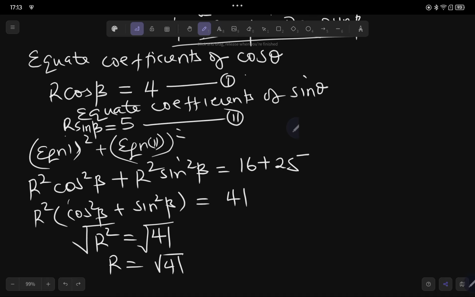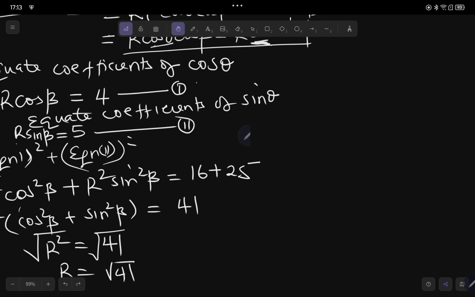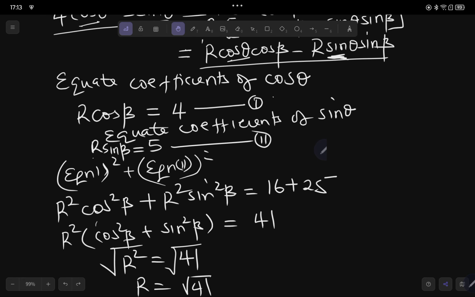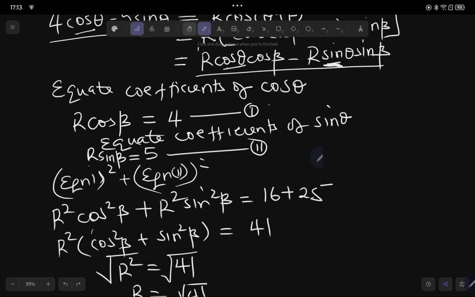Remember, the root of a number is a plus or a minus, but strictly for this kind of expression, we are taking r to be a positive constant. Now we have got that one. Let's try to find the value of beta. For beta, you have equations 1 and 2. We can easily get tan by dividing equation 2 by equation 1.